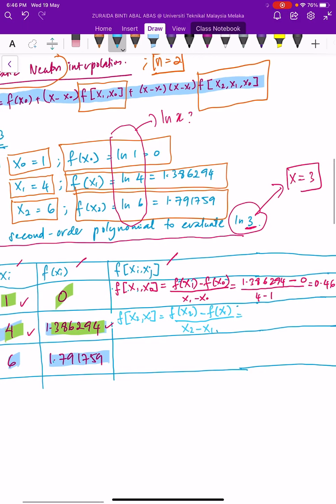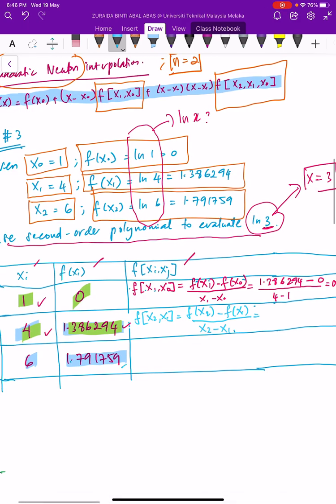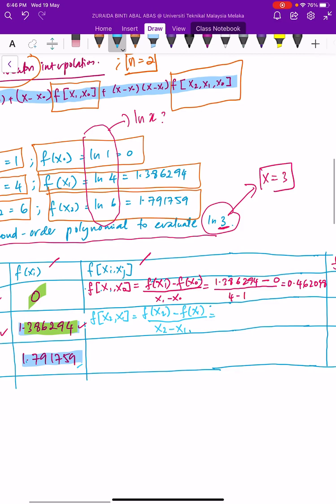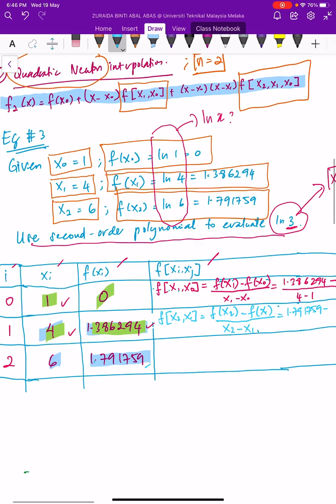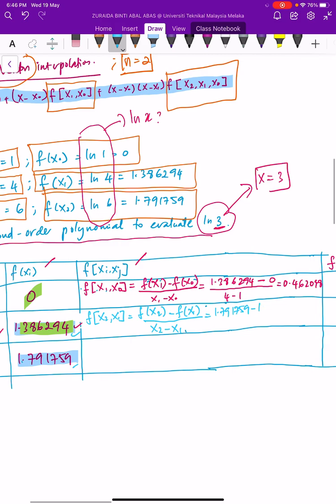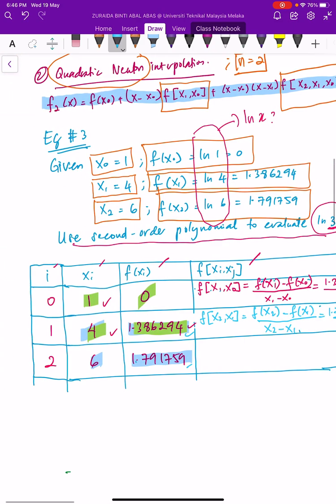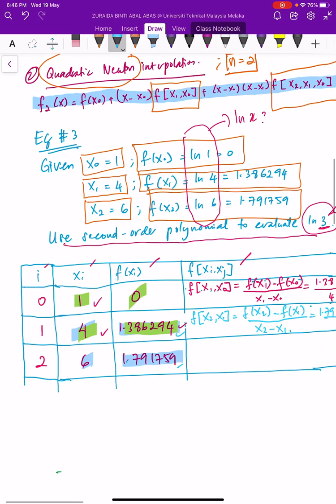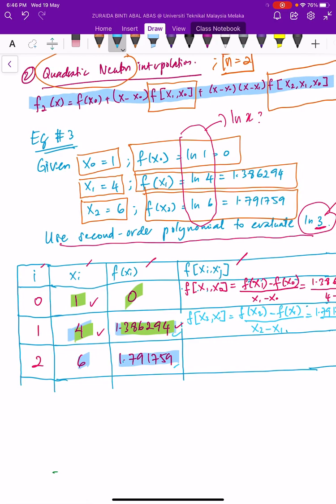So f(x2) is 1.791759 minus f(x1), which is 1.386294, divided by 6 minus 4.